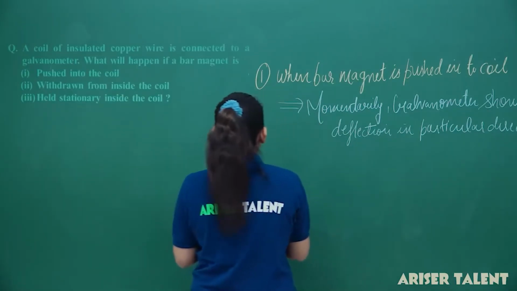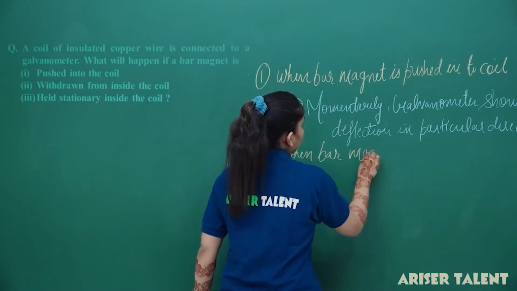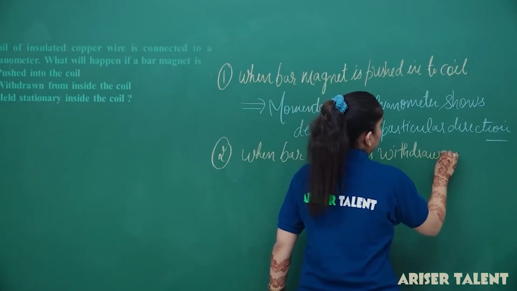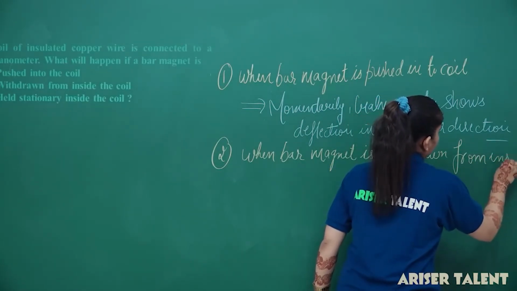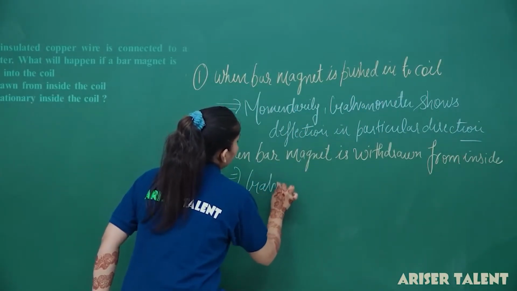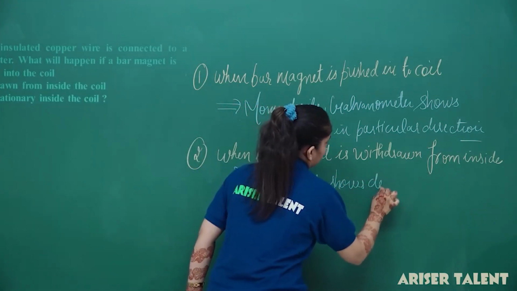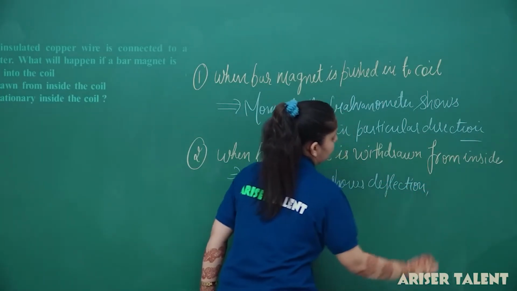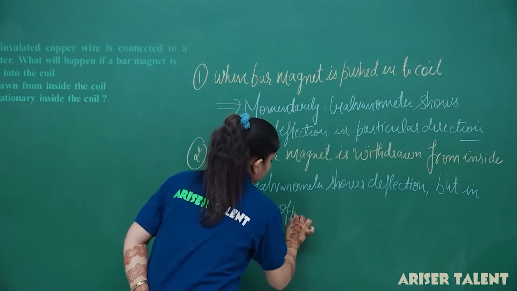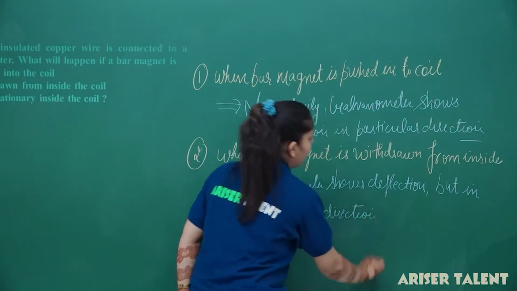So, what will happen in the next case? When the bar magnet is withdrawn, again the galvanometer is going to show you the deflection, but in the opposite direction.